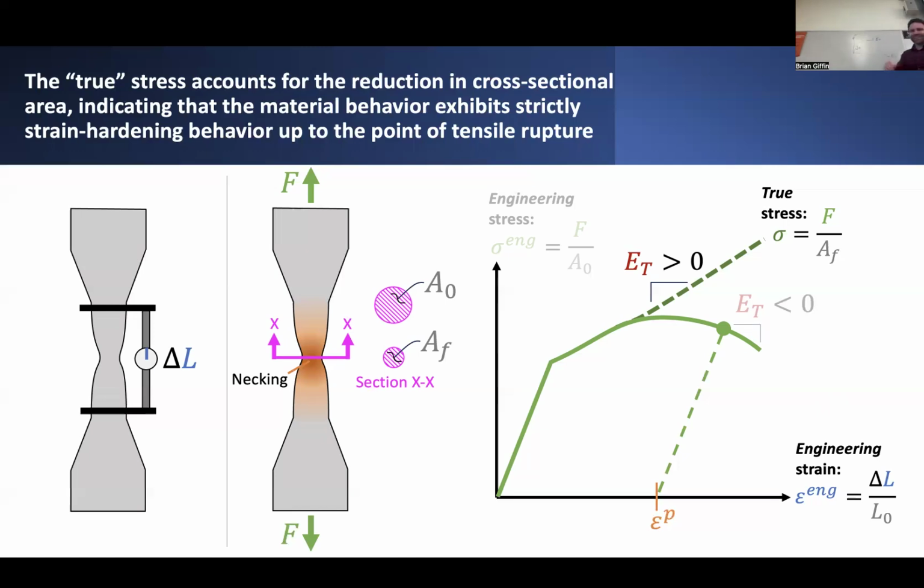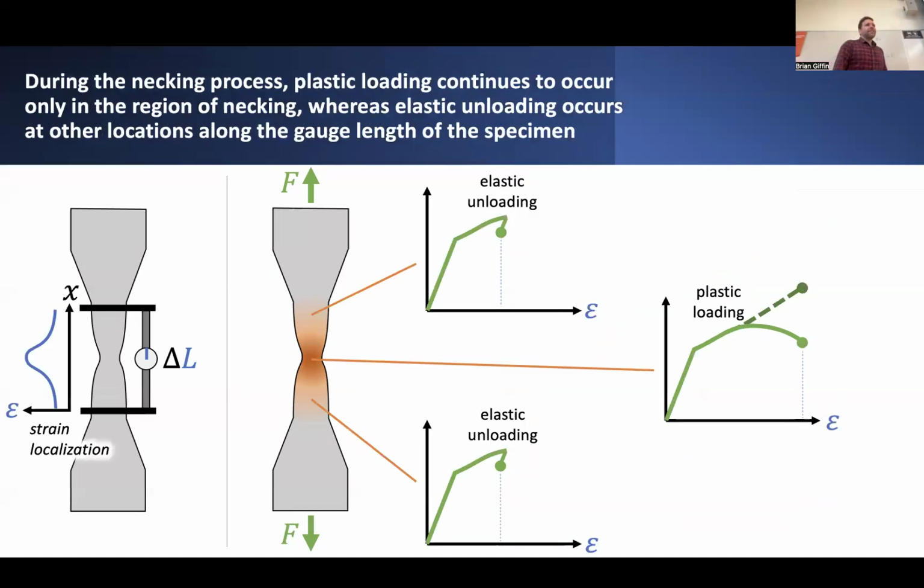And this is the key point that I want to drive home, which is that if you look at different points within this specimen, they are behaving differently. If you look at some point directly at this necked area in the specimen, yes, you will have behavior that looks like this. You should really normalize it by the true stress so that you get strictly hardening behavior and properly account for the reduction in cross-sectional area of this necked specimen.